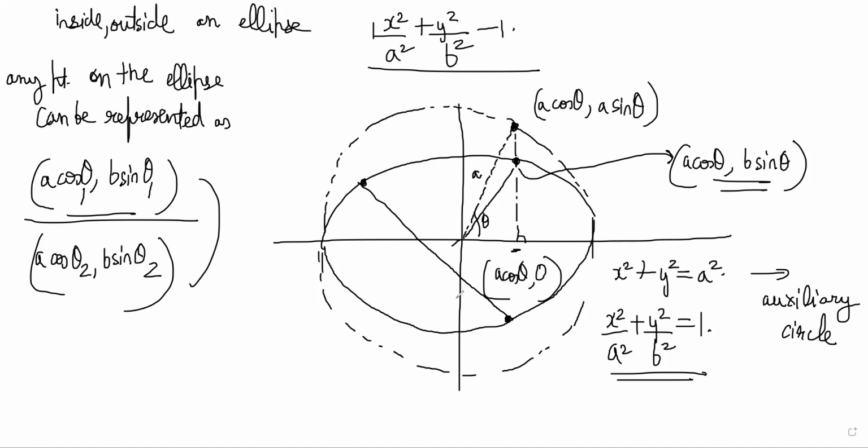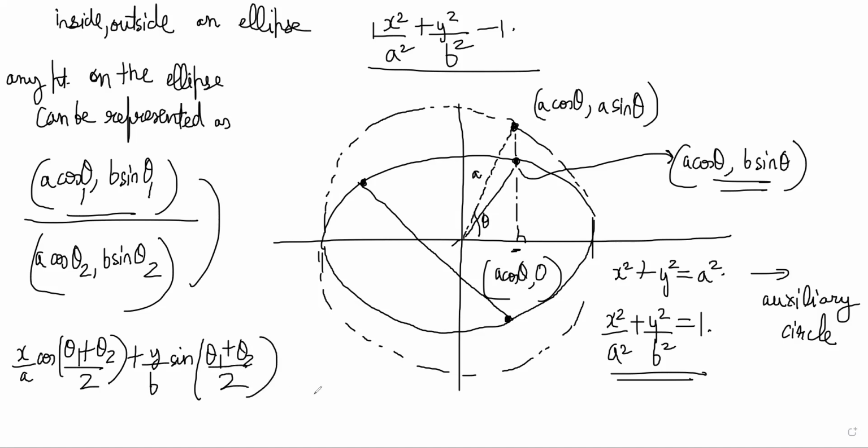That equation comes out to be something like this: x by a cos of (theta 1 plus theta 2) by 2 plus y by b sin of (theta 1 plus theta 2) by 2 is equal to cos of (theta 1 minus theta 2) by 2, right?